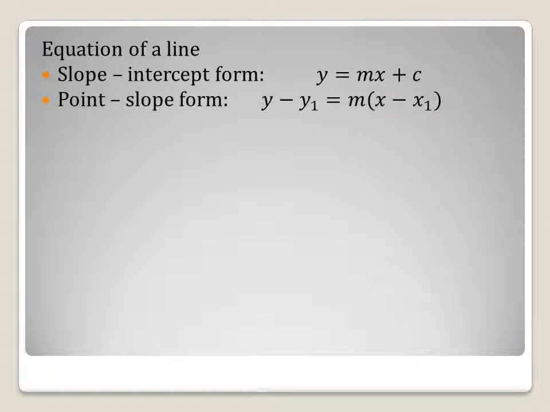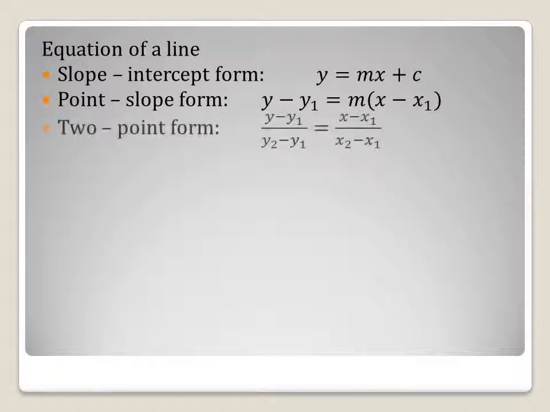In summary now, we have discovered that the equation of the line can be derived in three forms, depending on the variables we are given. The slope-intercept form is y equals mx plus c. The point-slope form is y minus y1 equals m(x minus x1).